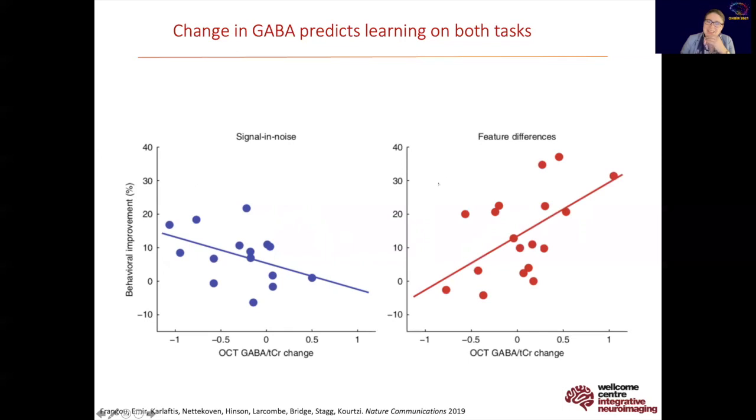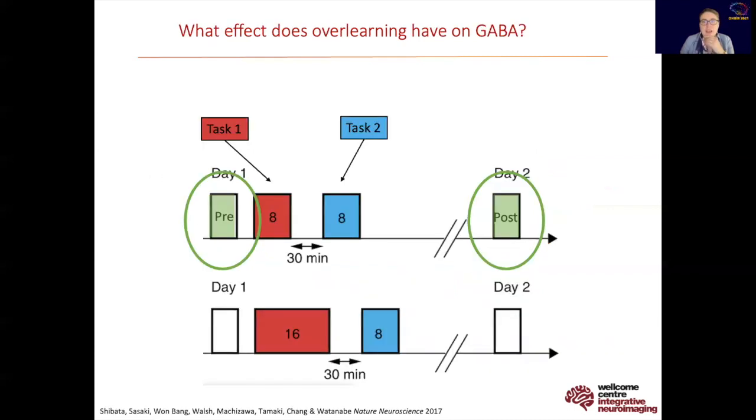And we see a relationship the other way for the feature differences task, which, again, one might argue would be helped by increasing GABA to increase the contrast and allow you to get better at picking out those features. So spectroscopy begins to allow us to really look at specific hypotheses about different brain regions and about what's happening within them. And we can go forward.